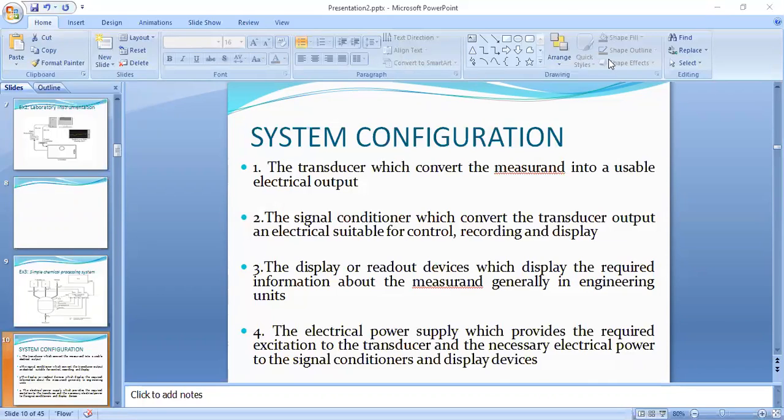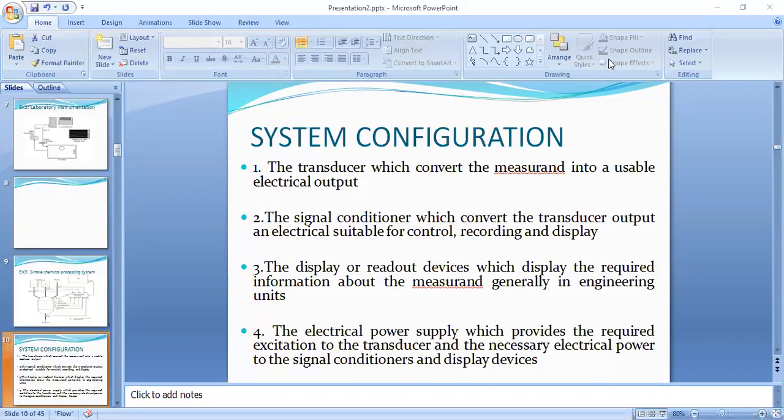That means a non-electrical input is converted to electrical output in the transducer. So the signal conditioner converts the transducer output into an electrical signal suitable for control, recording and display.